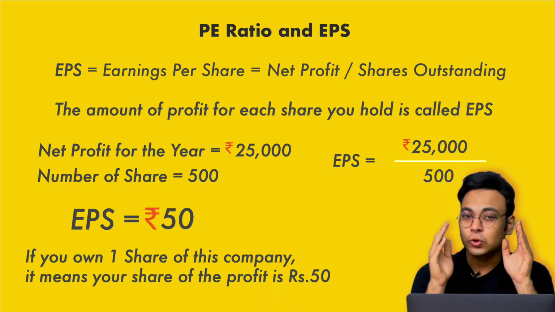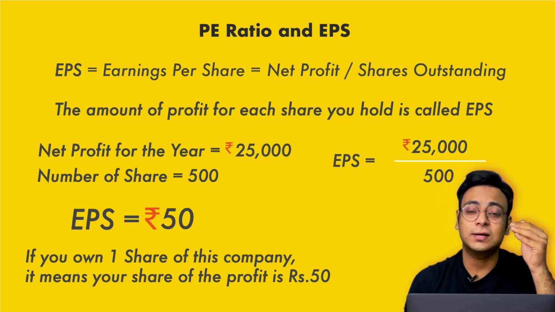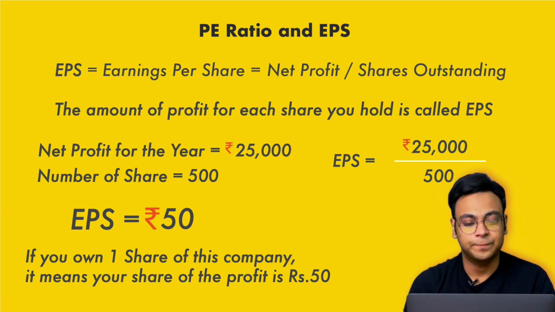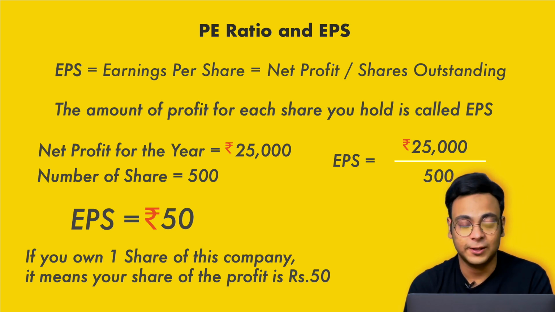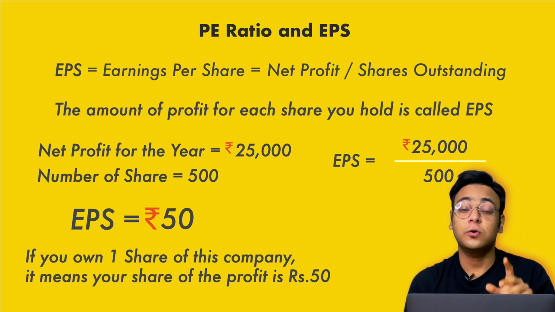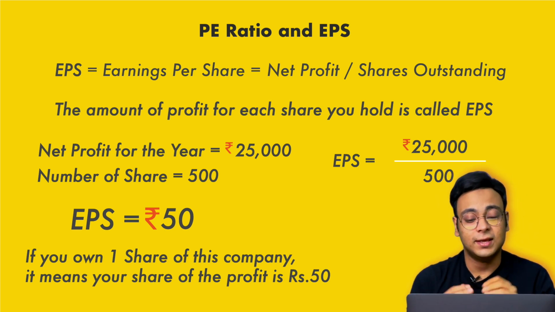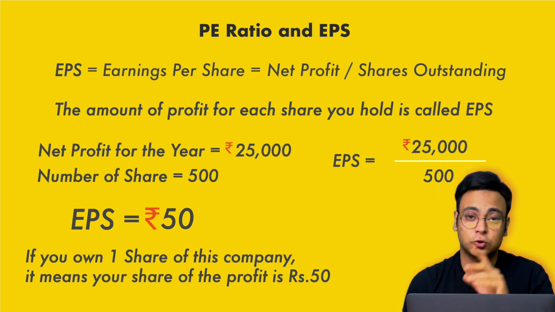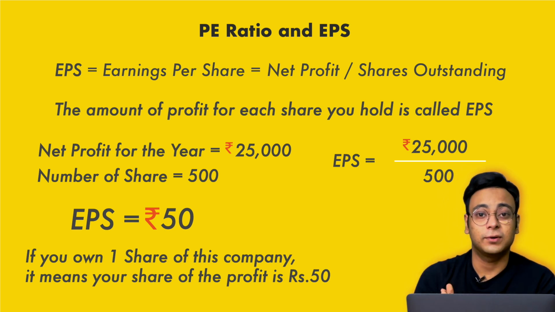So the earnings per share will be 25,000 divided by 500, and that is 50 rupees, which is the EPS of the company. This would mean that if you own one single share of a company, your share of the company's profit is 50 rupees.